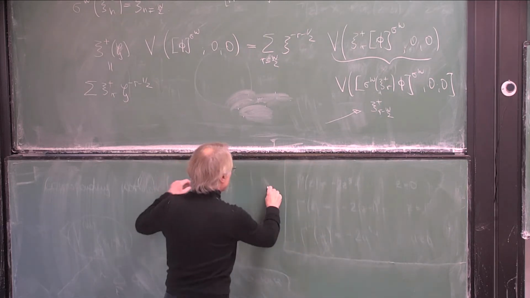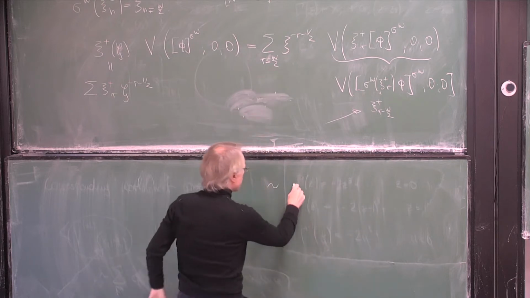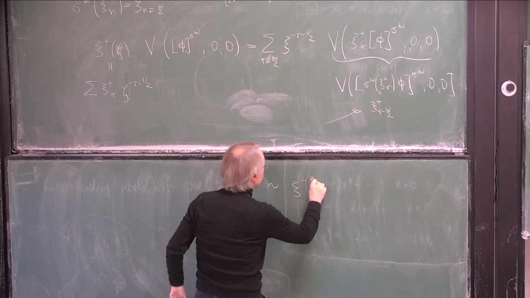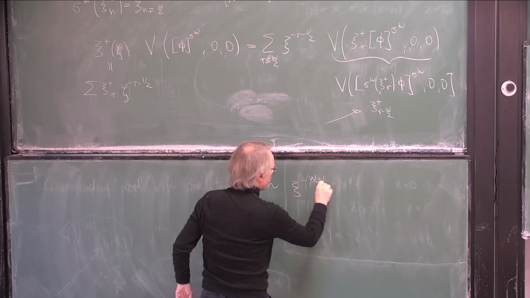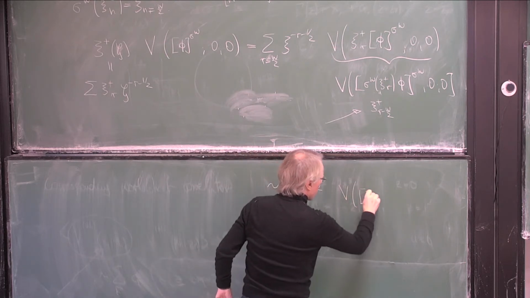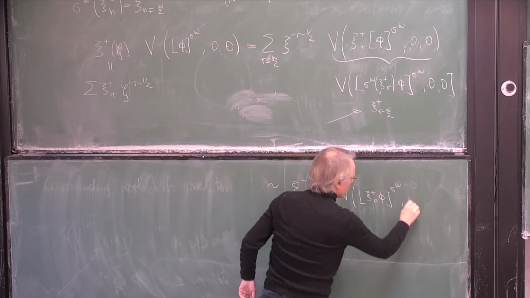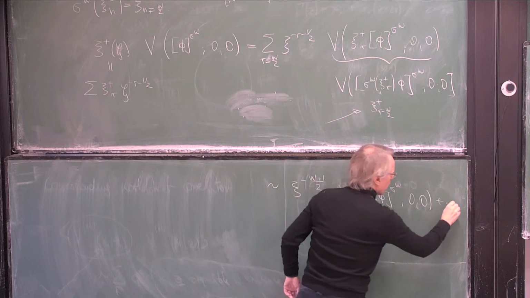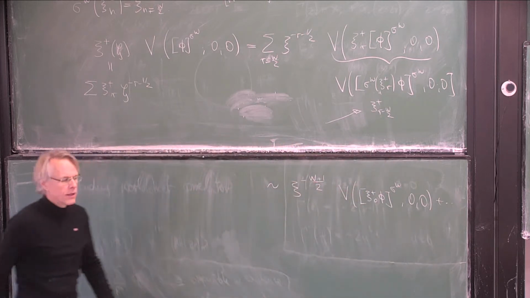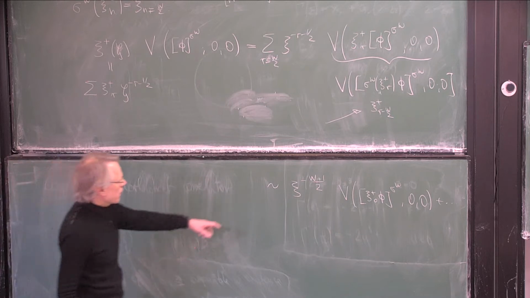So the leading term is r equal to w over 2, so this will go like zeta to the minus w plus 1 over 2 times the correlator, where this is psi plus 0 acting on phi sigma w 0, 0, plus higher order terms. That will be the leading term. Zeta, right? Sorry, zeta, yes.